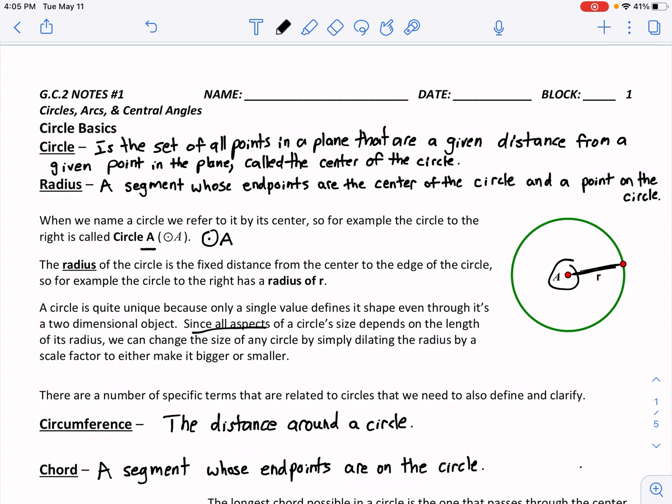Since all aspects of the circle's size depend on the length of the radius, we can change the size of any circle simply by dilating the radius, making it larger or smaller. If we enlarge the radius, we have a larger circle. If we make the radius smaller, we have a smaller circle. So that's what's defining the size of our circle, this distance, our radius.